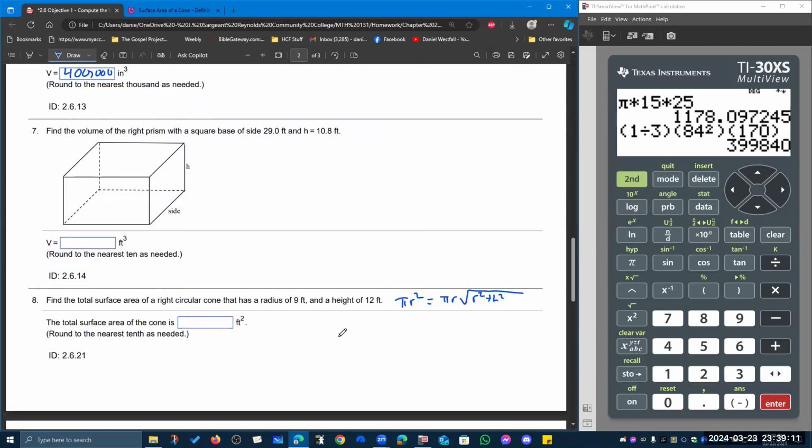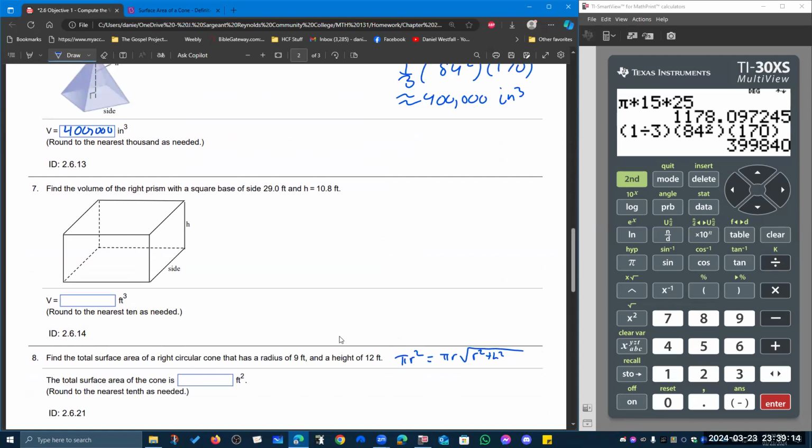The volume of the right prism, this box here, with a square base of side 29.0 by 29.0, and a height of 10.8.